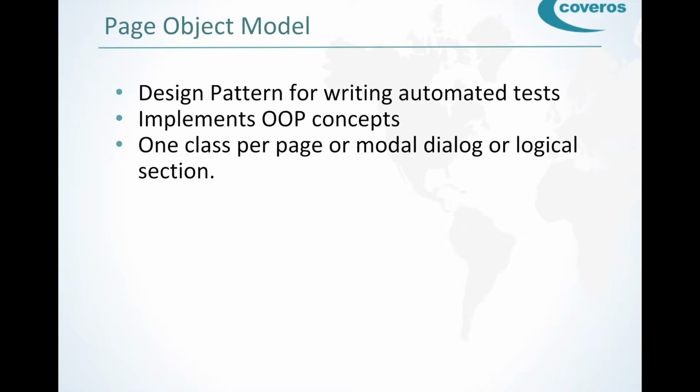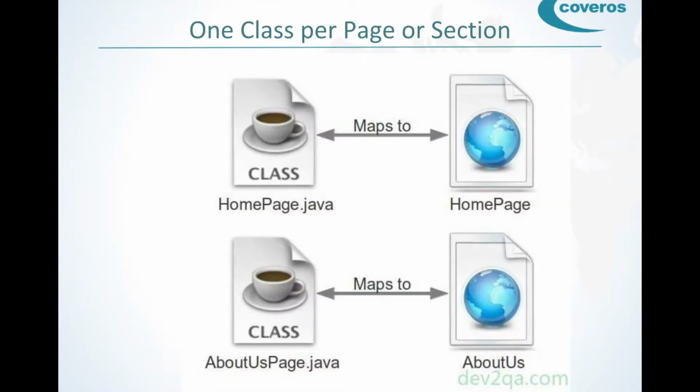This class contains methods that map directly to all the actions that can be taken on that specific page. And so what you end up with is individual classes which represent the functionality of your application.